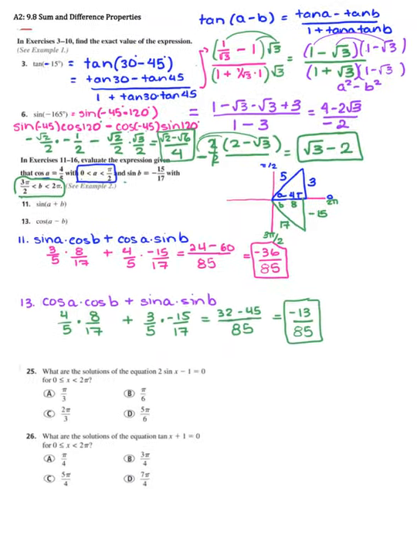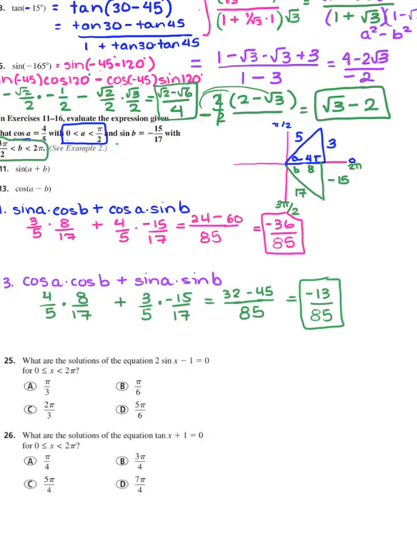Okay, down here, what are the solutions? So, multiple choice. So remember, to solve this problem, I'm going to isolate sine. So sine x equals, I'm going to add 1 to both sides, and then divide by this 2. So sine x equals a positive 1/2. So what you need to do is look through your unit circle, and you're going to find wherever the y value is a positive 1/2.